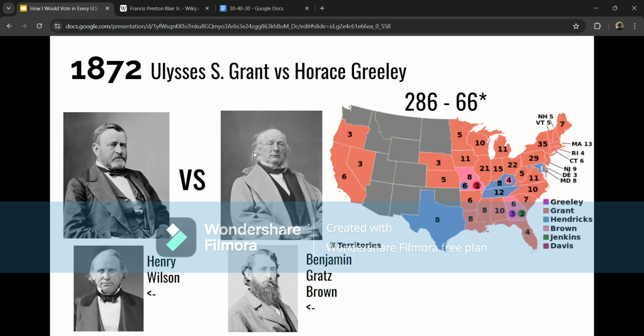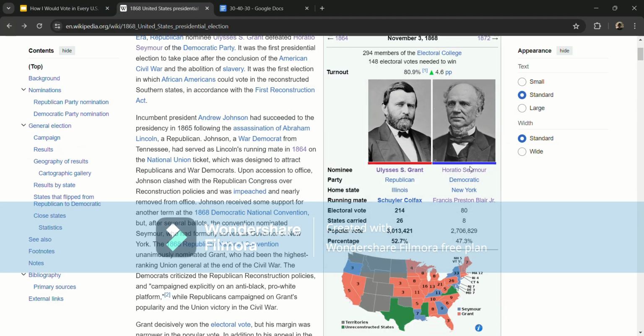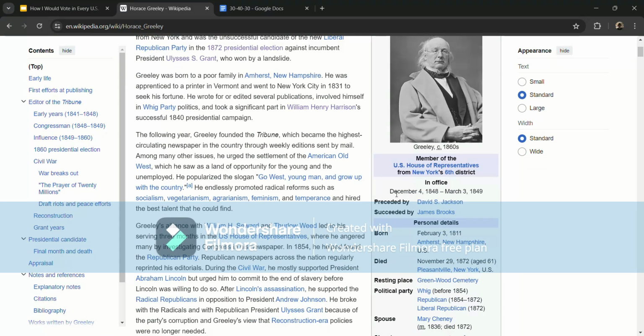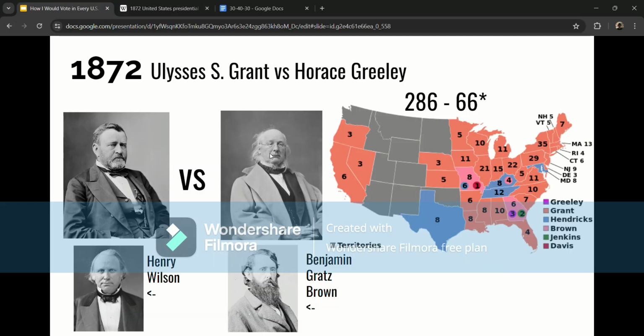So the Democrats, rather than nominate their own candidate, actually joined forces with the liberal Republicans and endorsed this man right here, Horace Greeley, for president, who was known as a journalist, editor of the New York Tribune, the most popular newspaper in the country at the time, and also very briefly known as holding a seat in the House of Representatives from New York very briefly back in the 1840s, like 3 months, and that was almost 30 years prior. So yeah, no experience coming from him.